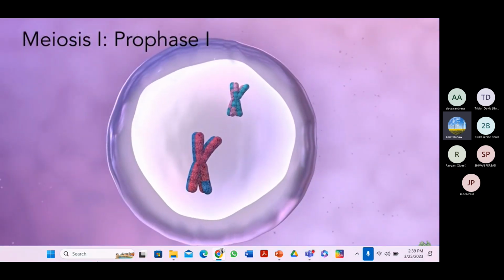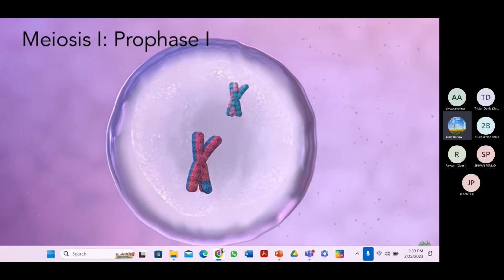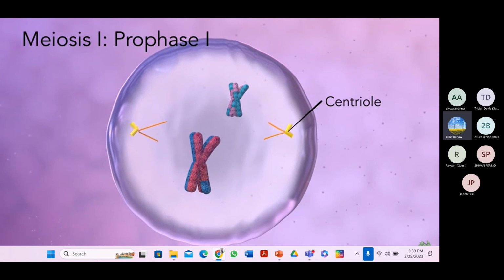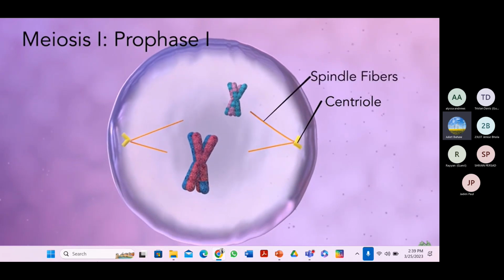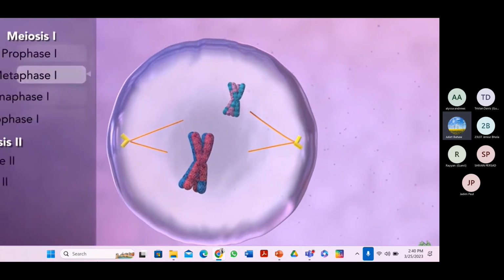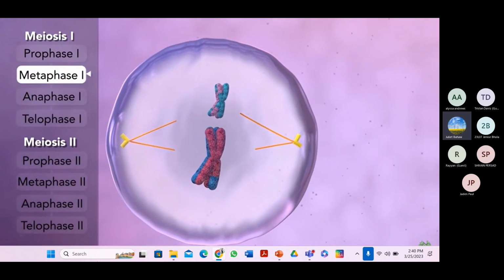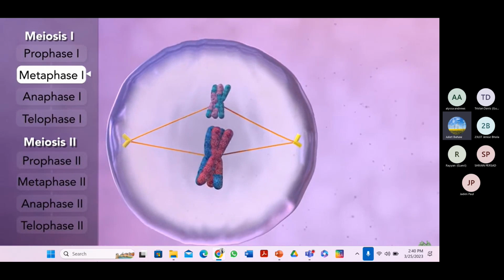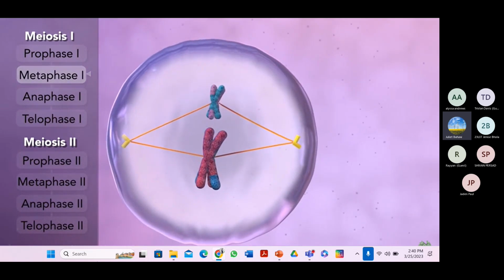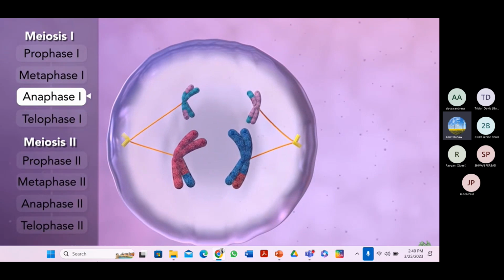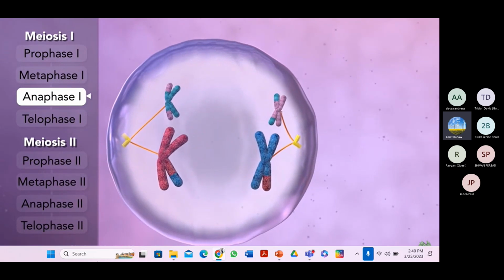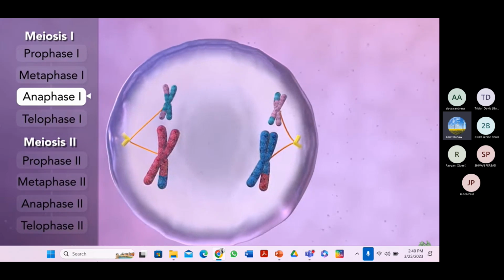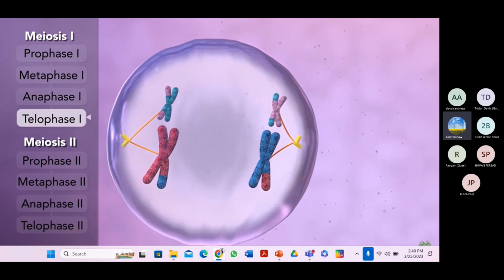Continuing on with prophase 1, the nuclear membrane disappears. The centrioles move to opposite ends of the cell, and spindle fibers fan out from them. Next, in metaphase 1, the homologous chromosomes line up at the equator and attach to spindle fibers from opposite poles. During anaphase 1, spindle fibers separate the homologous chromosomes in each tetrad and pull them to opposite poles of the cell.